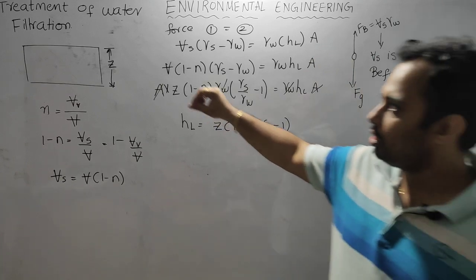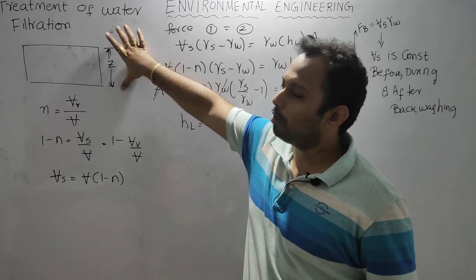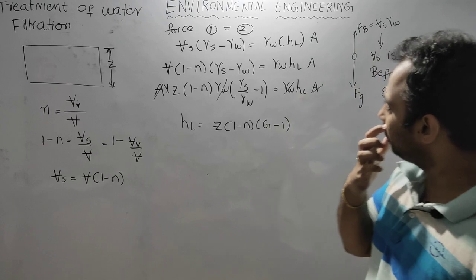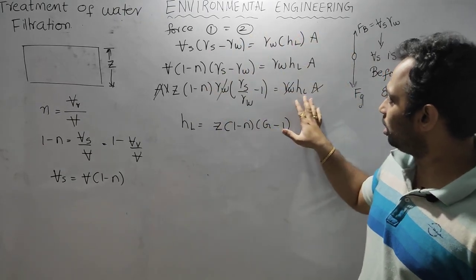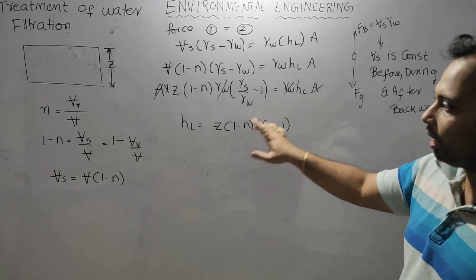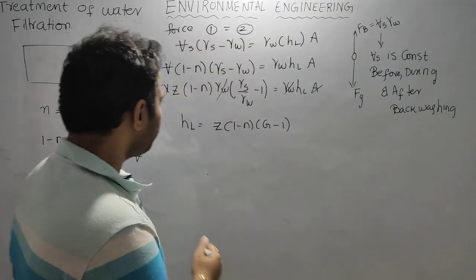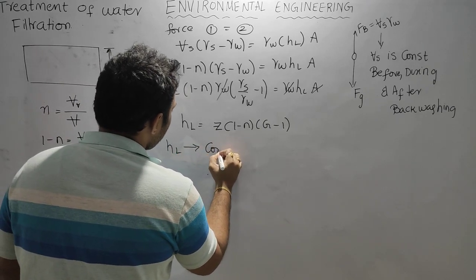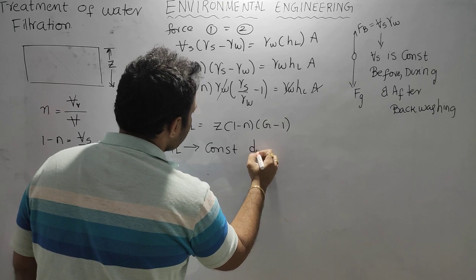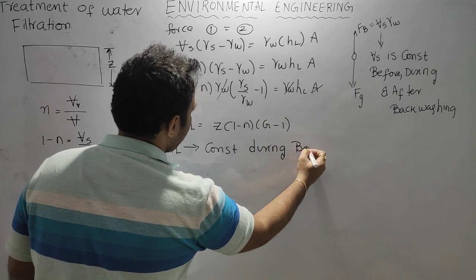The only thing which is changing during the backwashing is that the bed will expand, so the depth of the bed will expand. That is the only change that will happen during the backwashing. So every other factor is the same, then HL is also constant. So head loss is constant during the backwashing.